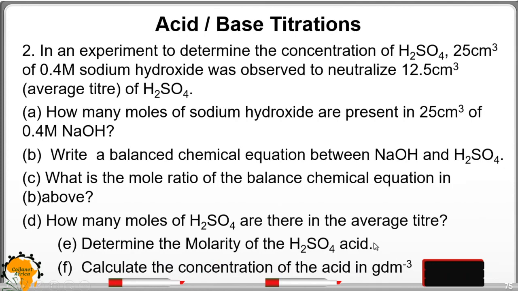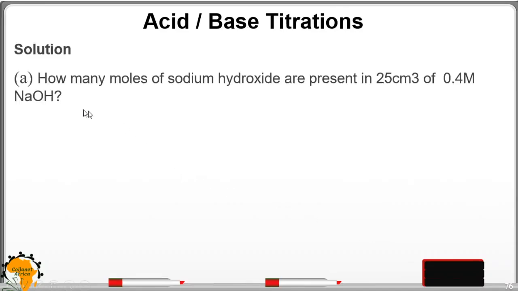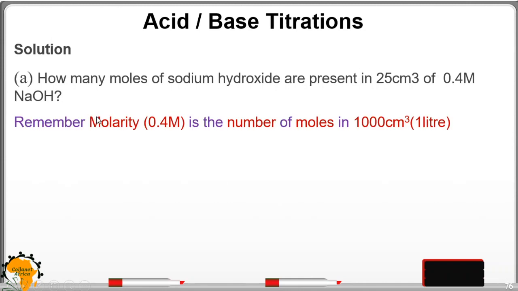So how do we proceed? Here is the solution. A, how many moles of sodium hydroxide are present in 25 centimeters cubed of 0.4 molarity of sodium hydroxide? Using the first principle, we understand that molarity stands for the number of moles in 1,000.